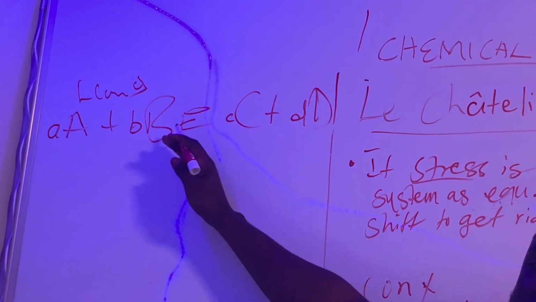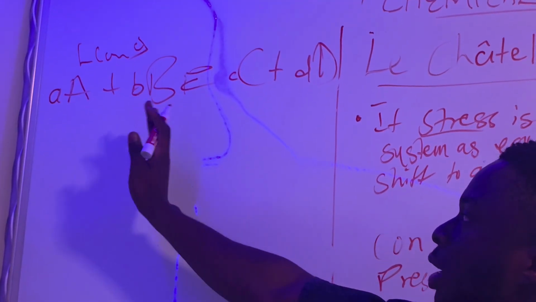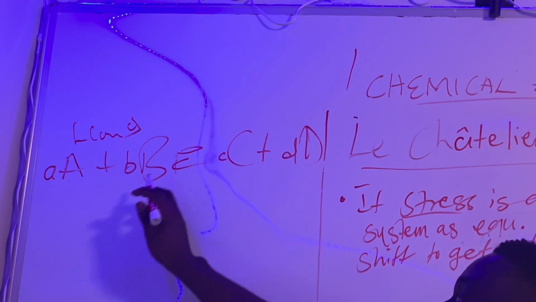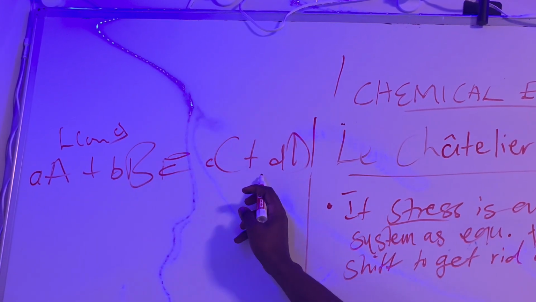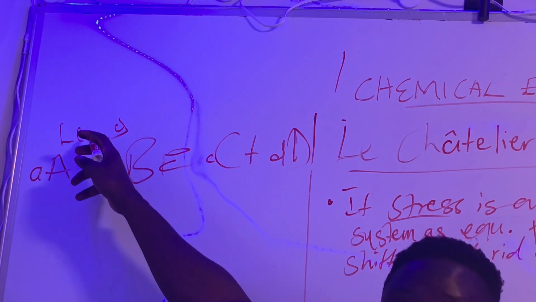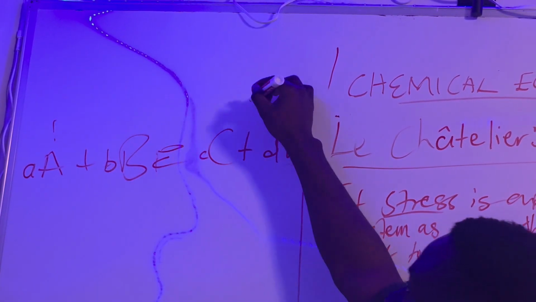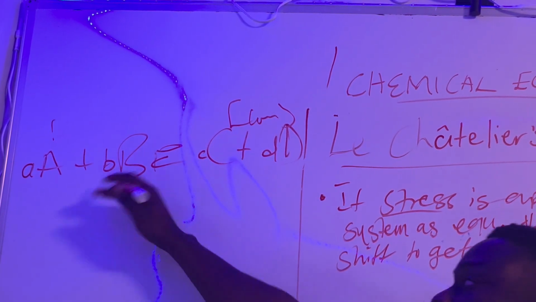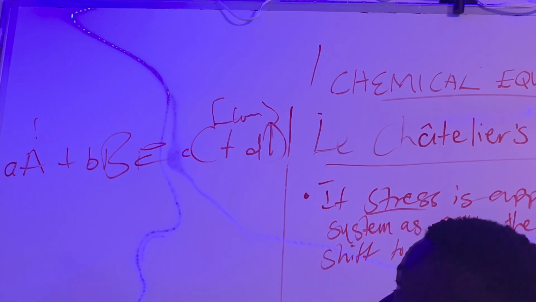So the system is going to shift to get rid of the concentration we just added, meaning the system is going to shift towards this side so that more of the products are produced to get rid of the concentration we added. In the same way, if we add concentration to the products over here, the system is going to shift towards the reactants so that we get rid of the concentration that we did add.